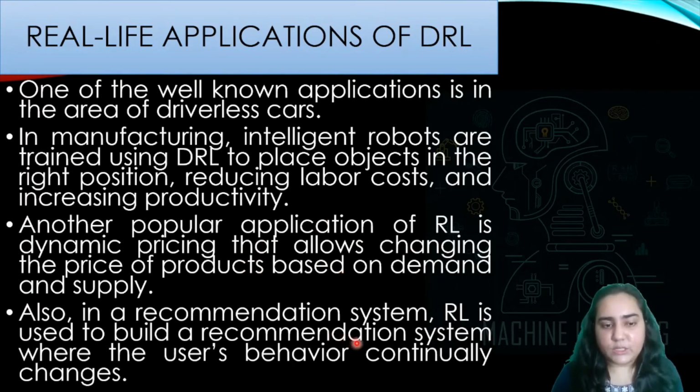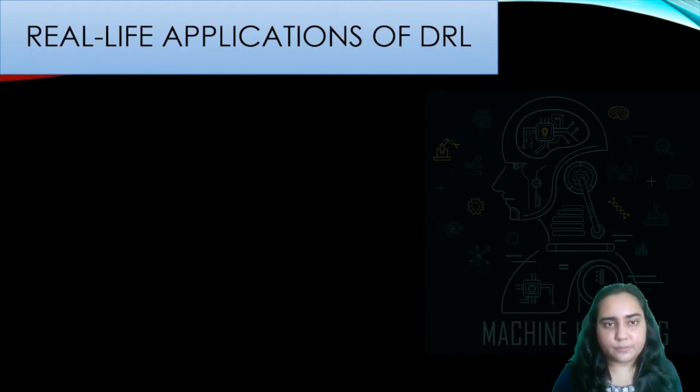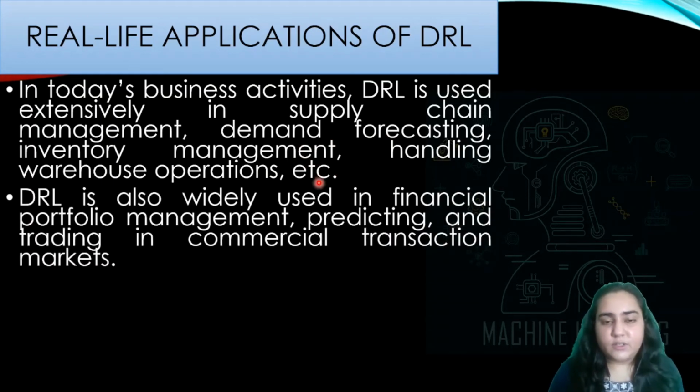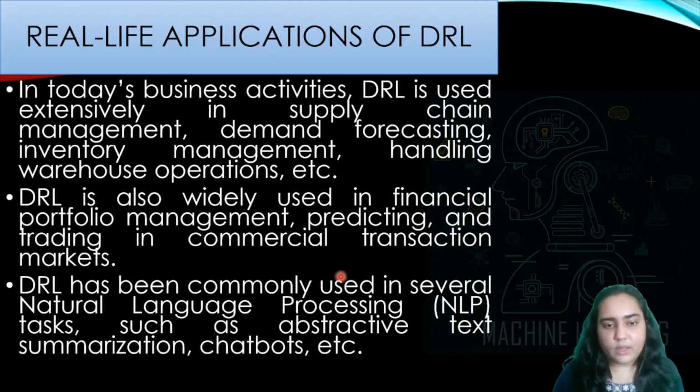Also, you can build a recommendation system according to users' behavior, which changes continually. In today's business activities, DRL is used in supply chain management, demand forecasting, inventory management, handling some warehouse operations, etc. DRL is also widely used in financial portfolio management, predicting and trading in commercial transaction markets. And it is also commonly used in several natural language processing tasks, such as abstractive text summarization, chatbots, etc.